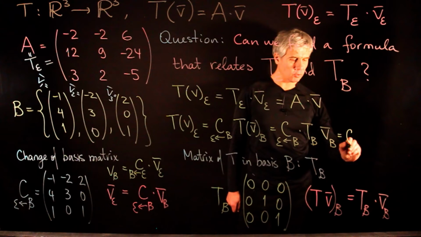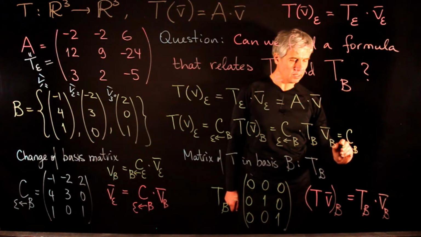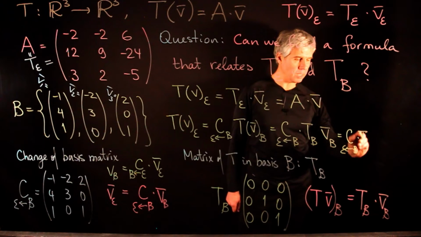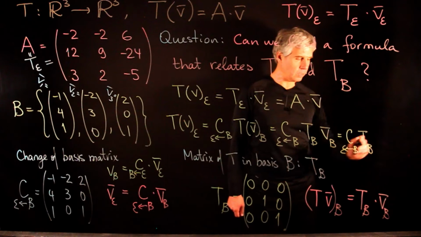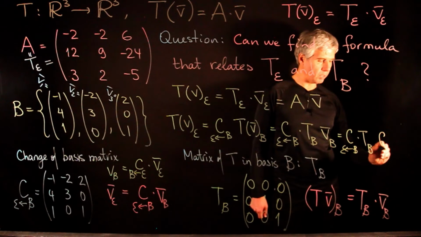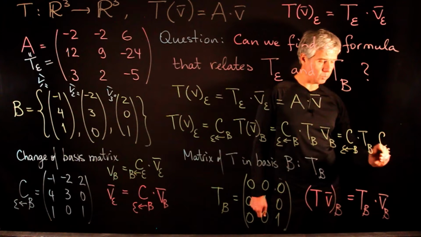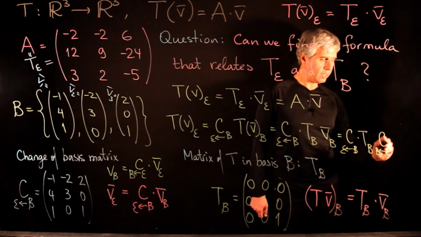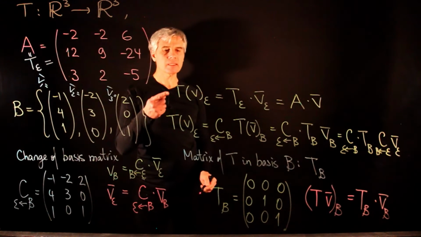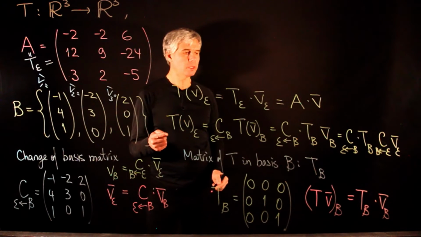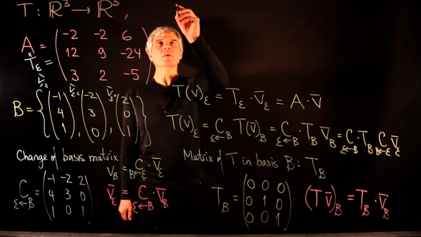So if we apply this formula, then we get the following result. We have the change of basis matrix from B to E times the matrix of T in basis B times, here we put the change of basis matrix from E to B, times the standard coordinates of a vector V. Since the left-hand sides in these two equalities are the same, we can equate.